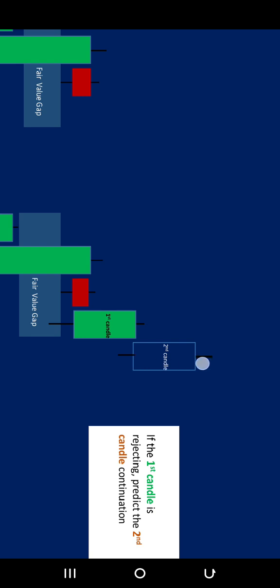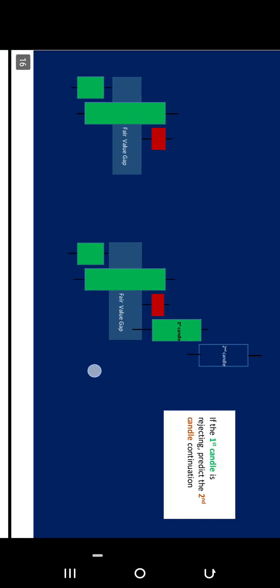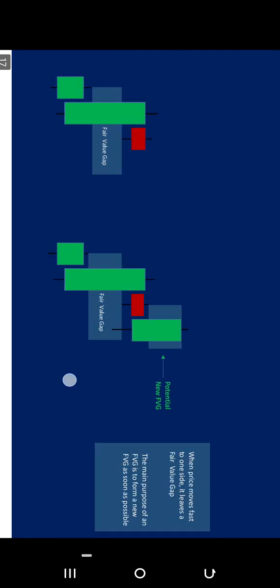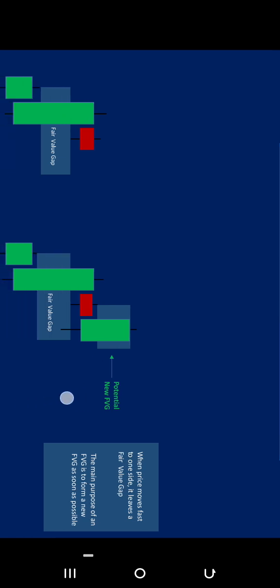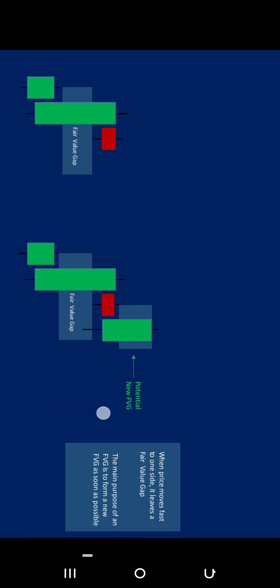Can you see it? It's going to be a continuation candle. That is how to trade two candle rejection. Trust me, if you pay attention in trading this kind of strategy, you are going to be profitable. You won't have problems with taking trades. Forex trading is easy, super easy, but you just have to understand it.